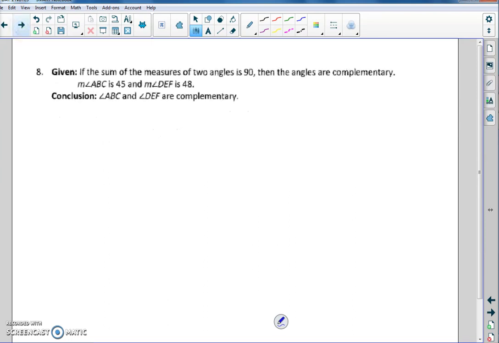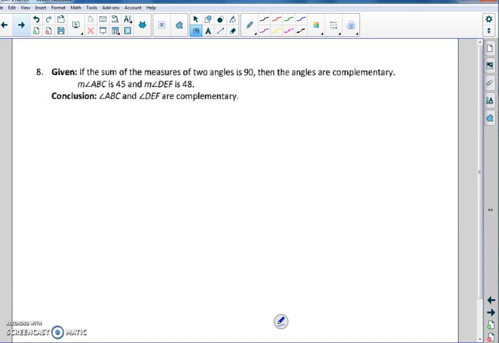Alright, let's look at the next example. The sum of the measures of two angles is 90 degrees. Then the angles are complementary. Another thing you took notes on was what the hypothesis was and what the conclusion was. Which was which? The hypothesis came after the if, at the beginning, and the conclusion came at the end, everything after that.